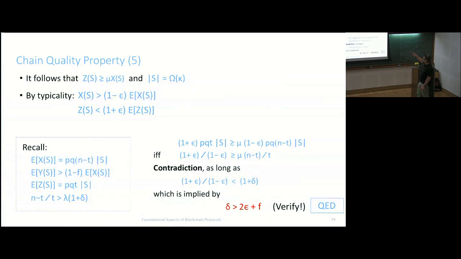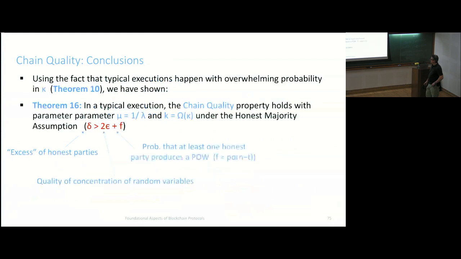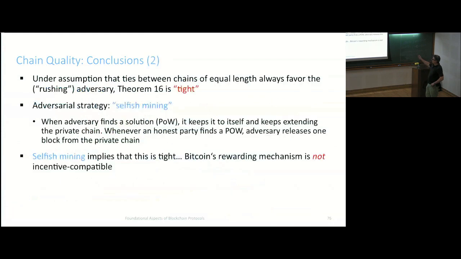And you do the math, and you get a contradiction with respect to what you assume. Okay, so these are what we obtained, these are the conclusions, and this is already mentioned. This is the best you can do because there's an adversary strategy that matches it.